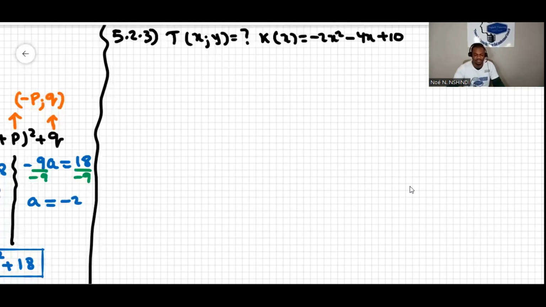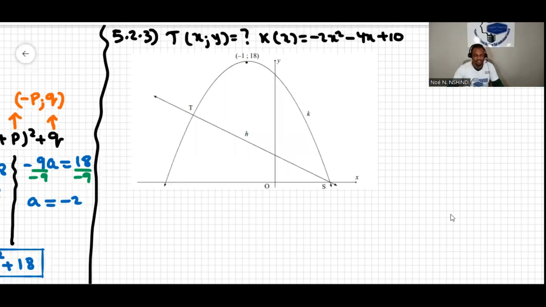Now I think for the sake of clarity, I just need to reproduce the same graph here. So now the coordinate of t is this point over here, and k of x is the parabola. It is actually the intersection of k and h.